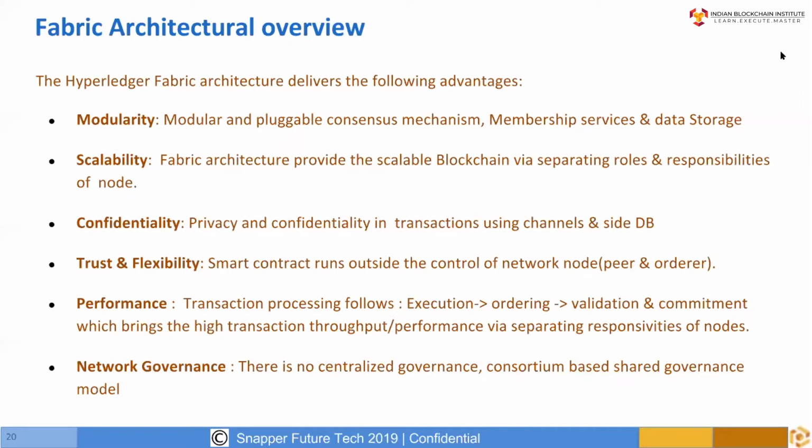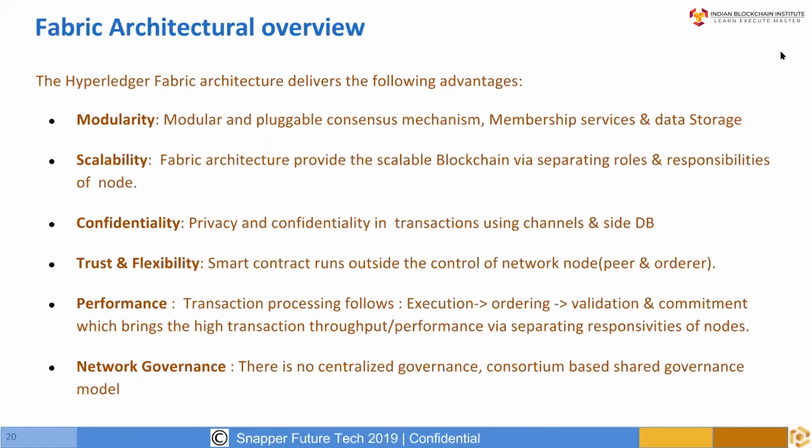Confidentiality: privacy and confidentiality in transactions using channels inside Fabric. So channels provide you with confidentiality, but there is also a concept of side DB, which is not in this session, but in the next part I will talk about this private data inside Fabric.